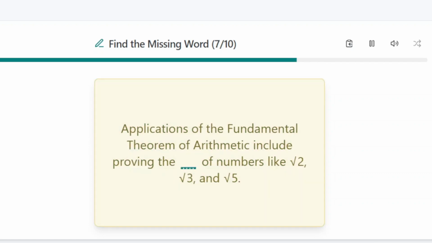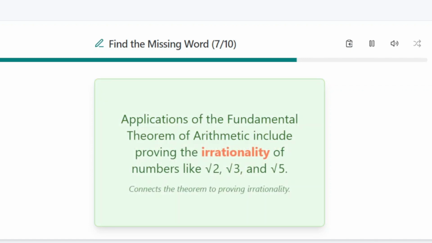Applications of the fundamental theorem of arithmetic include proving the blank of numbers like square root 2, square root 3, and square root 5. Irrationality. Explanation: connects the theorem to proving irrationality.